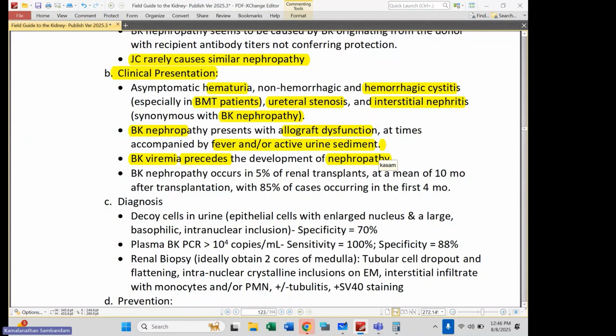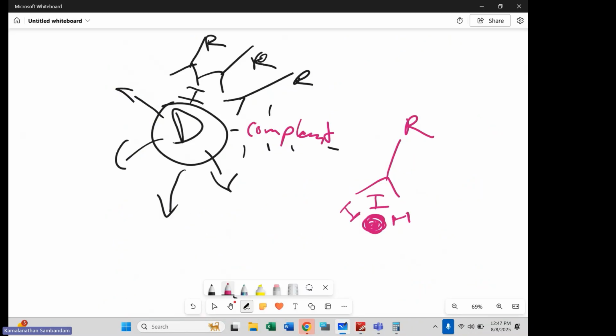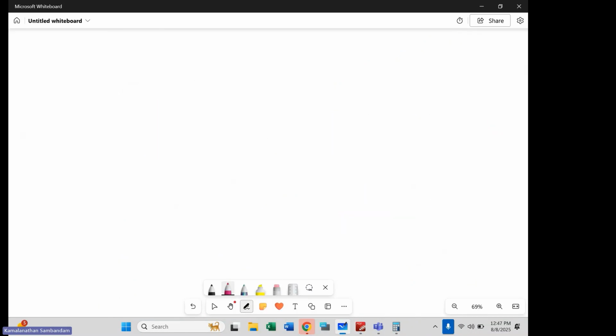Viruria, shedding a virus in my urine, precedes viremia, okay? So, as it goes, if you're monitoring your patient, they first have virus in the urine, so viruria, and then viremia, okay?